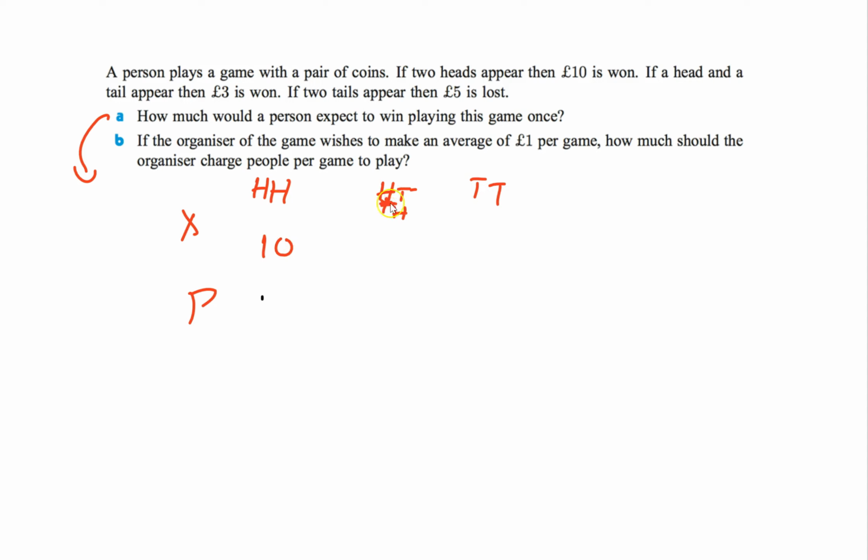Heads, tails, or tails, heads, one of each, you win 3 pounds. 2 tails, you lose 5 pounds. Right? We already know the probability of this. There's only one head in the set of 4, so 1 out of 4. There's 2 of these in the set of 4, so 2 out of 4. And then there's one of those in the set of 4, and we toss 2 coins, so 1 out of 4. So that's our probability table.